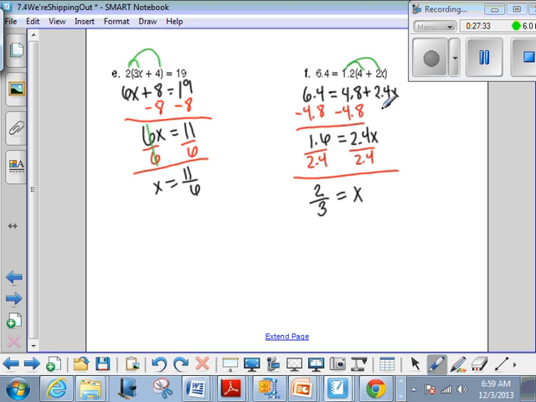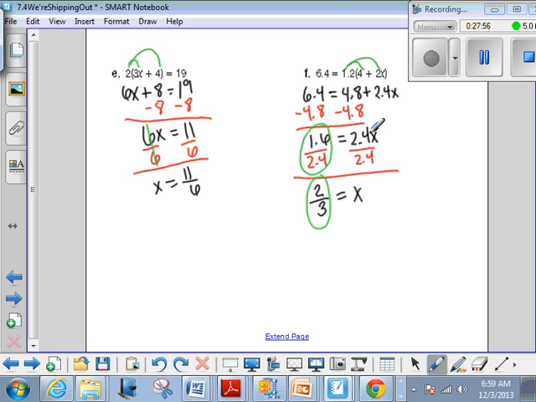That's, in my mind, easier to reduce than saying 1.6 and 2.4. So I know I could reduce both of those. 8 goes into both, and I'm left with 2/3. 2.4 divided by 2.4 would leave me with just 1x. So x equals 2/3.